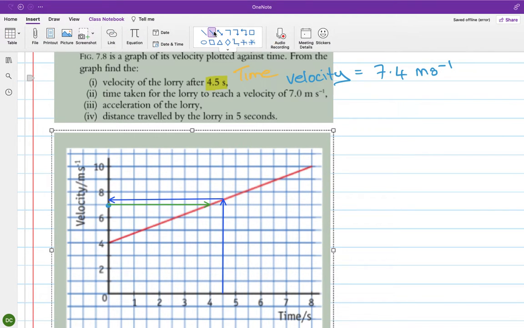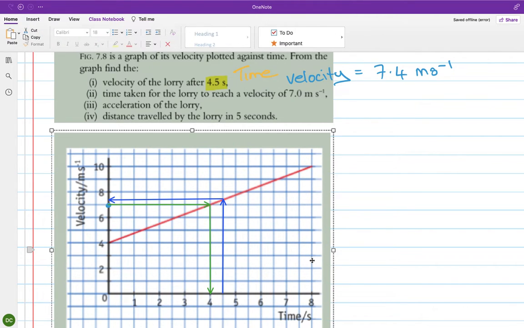And then I'm going to go straight down from there, which looks to me to be bang on 4 seconds. So that is a time equal to 4 seconds.